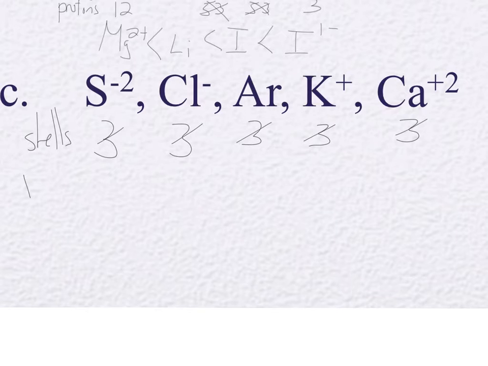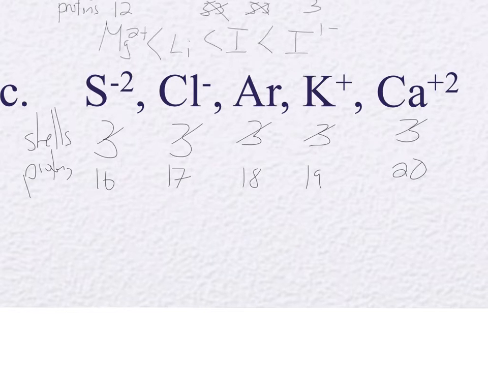So we look at protons to do the effective nuclear charge. Sulfur has 16, chlorine 17, argon 18. Here we've got a series, 19 and 20. And they're all isoelectronic. They all have the same number of electrons in the same spots.